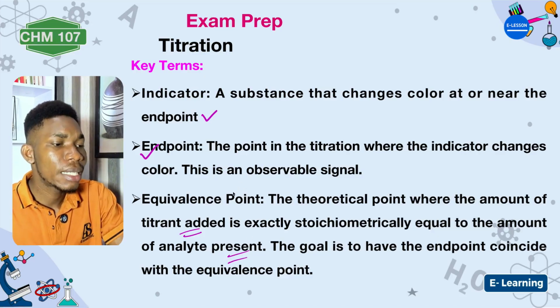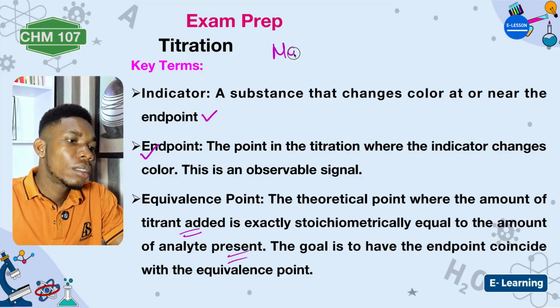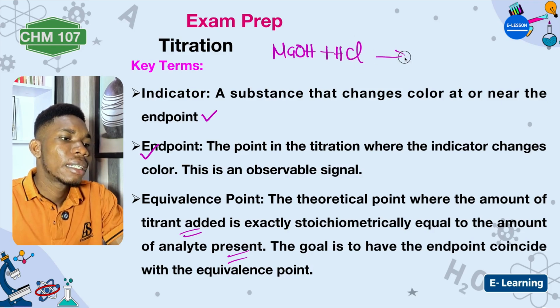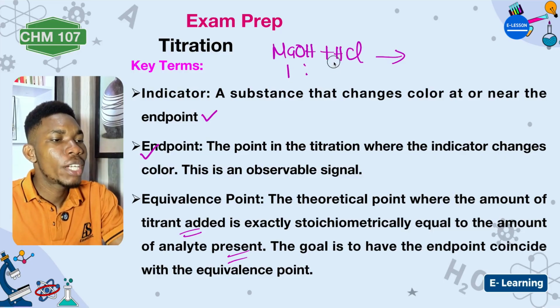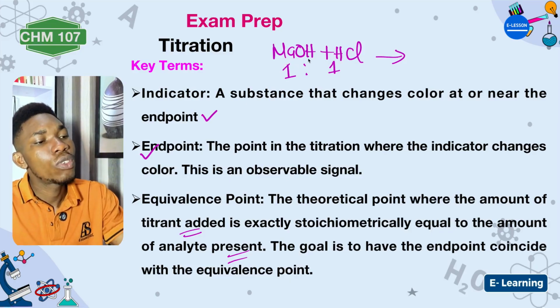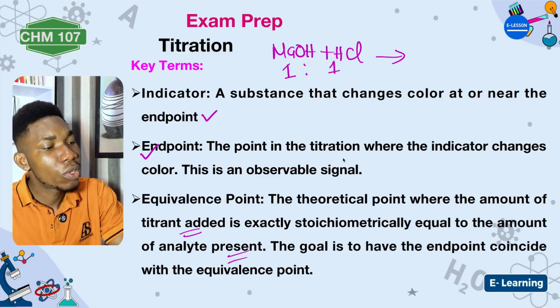The equivalent point is where, when you calculate normally, your analyte and your titrant are stoichiometrically equal. That means the amount of analyte and the amount of titrant are stoichiometrically equal. That is the equivalent point, while the end point is where the indicator changes color.